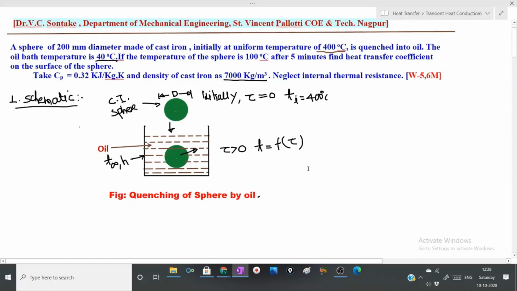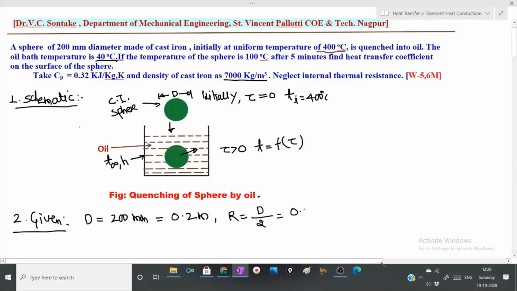Now let us enlist all the given parameters. So as you can see here, there is a sphere of 200 mm diameter. So its diameter will be 0.2 meter. Therefore, its radius will be half of the diameter, 0.1 meter.